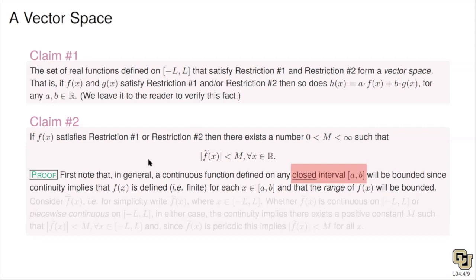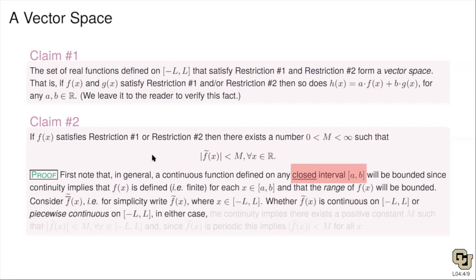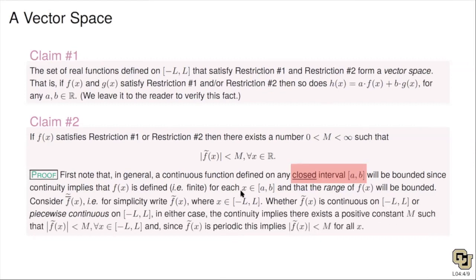So the continuity forces f of x to essentially be finite, and the range of the function will be bounded because of the restrictions we've put on here, the closed interval requiring the continuity. And so we will be able to find a positive constant that bounds the function in the original interval. Here's where we're using the properties of being on a closed interval.